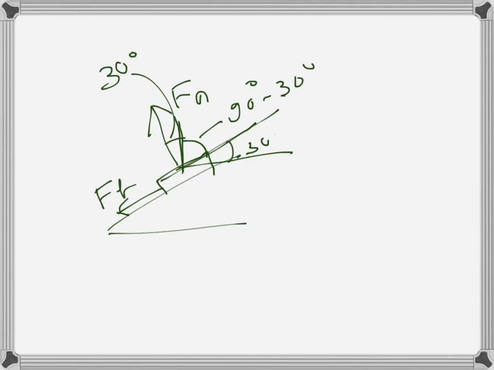That's why the vertical component of Fn had cos 30 degrees, and the horizontal component has sin 30 degrees, because this one makes a 30 degree angle with the vertical line. And Ff makes 30 degrees with the horizontal line, so its horizontal component had cos 30 degrees and its vertical component had sin 30 degrees, going downwards.